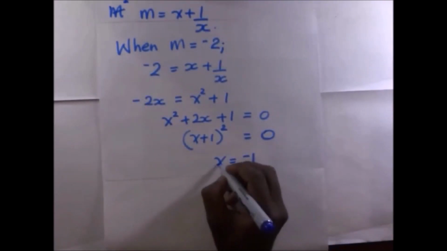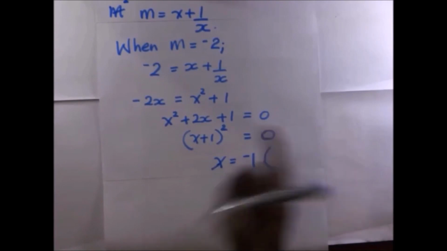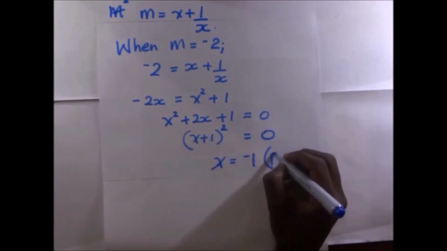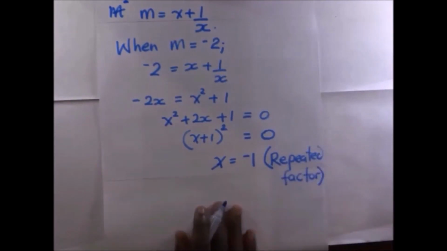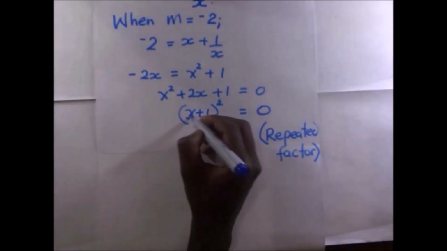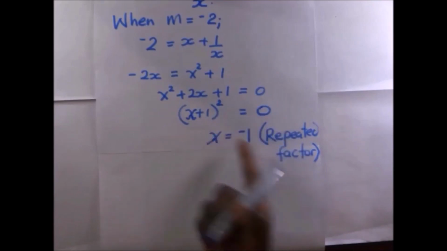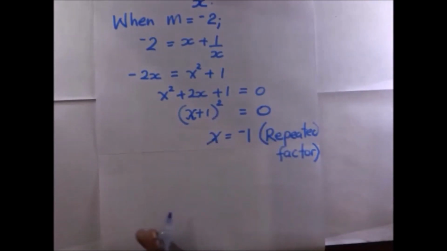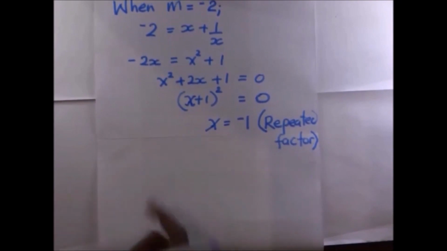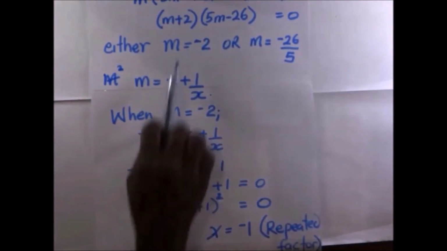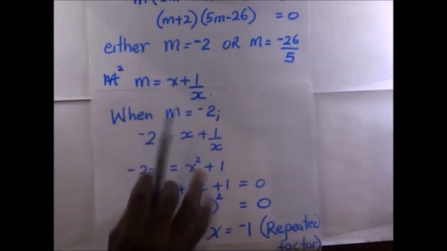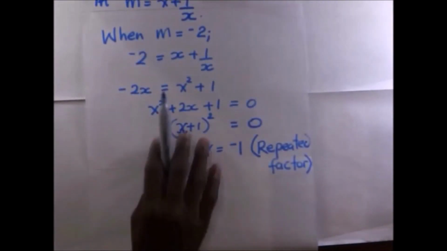Our value of x there is going to be negative 1, and that is one of the factors of that polynomial, and so this is going to be a repeated factor. So our first value of m was negative 2, and when we put m here, our value of x we get is negative 1.